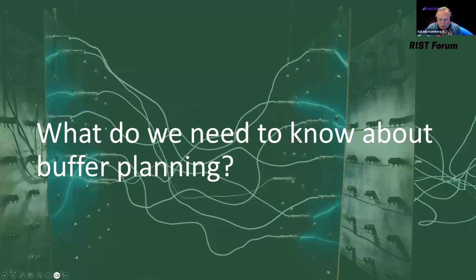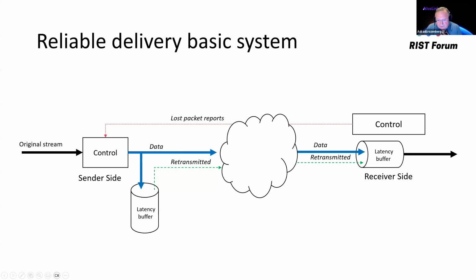So what do we need to know about buffer planning? This is an example of a reliable delivery system. On the left is a sender. On the right is the receiver. This is not particular to RIST. This is a general method. SRT does exactly the same thing. The sender takes in an original stream, does some control on that, and sends the data to the receiver.